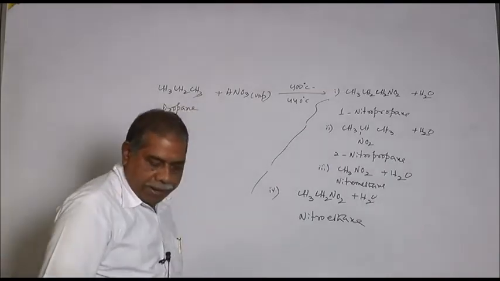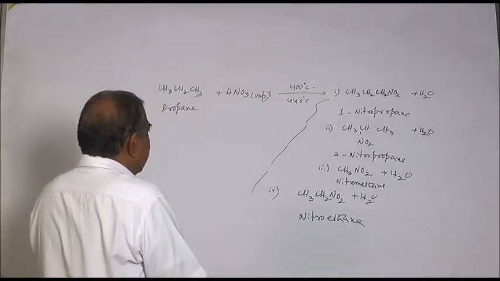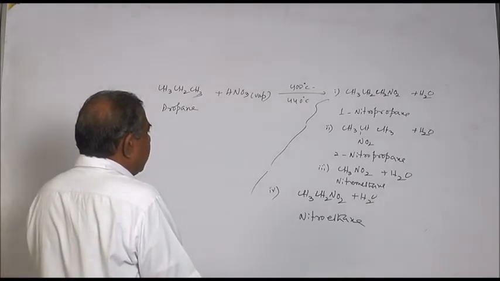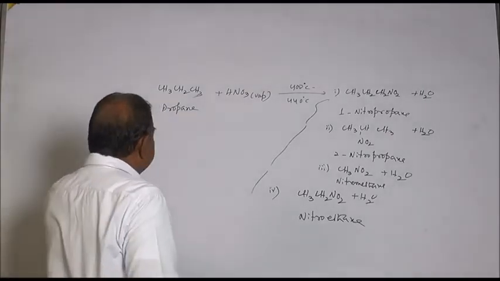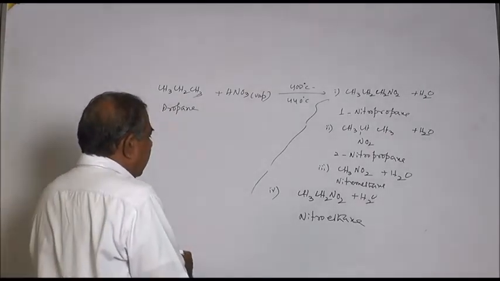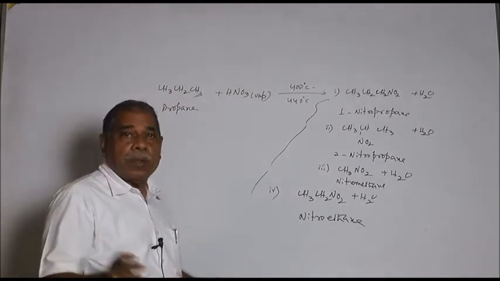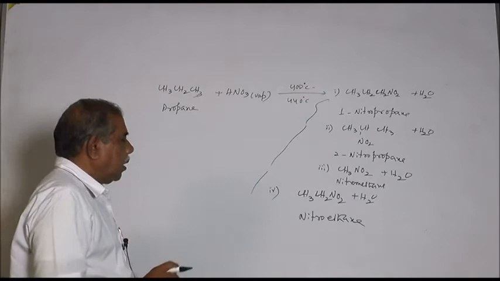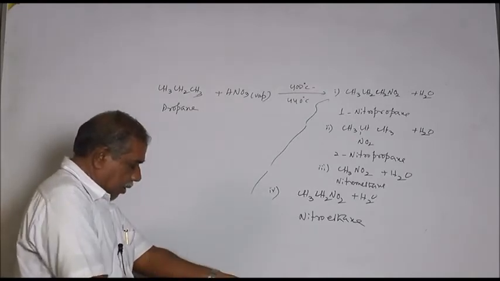So when propane is nitrated by using nitric acid vapor between 400 to 440 degrees centigrade, you can get 1-nitropropane and 2-nitropropane. The propane molecule may break to give you 1 carbon and 2 carbon products. You can get nitromethane and nitroethane. So this is regarding the nitration.